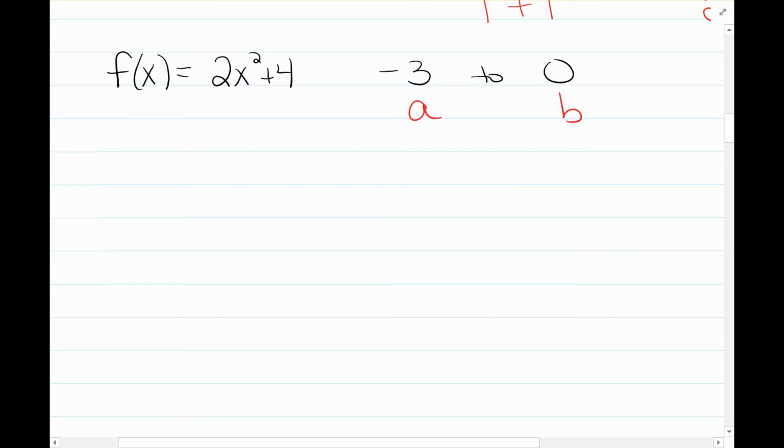So the original problem is 2x squared plus 4, and we're going from -3 to 0. We're trying to find the average rate of change from -3 to 0. So our A is going to be -3, our B value is going to be 0. And now let's rewrite our formula so we know exactly what we are trying to do.